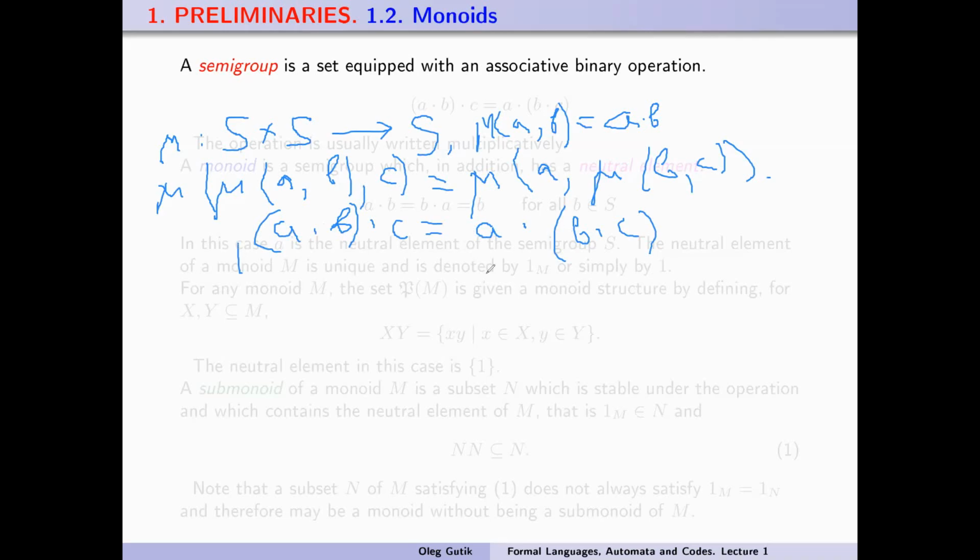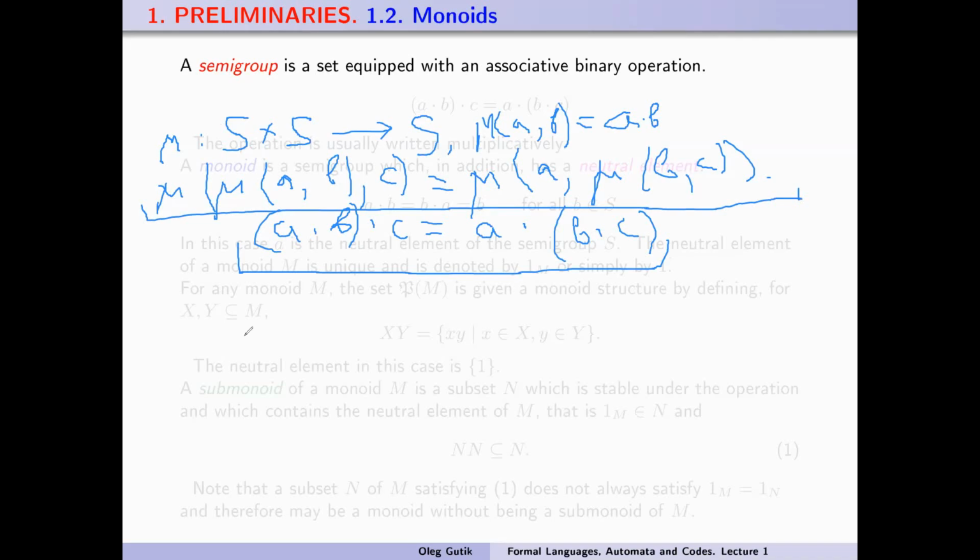So in this case the operation is called associative. When we have a binary associative operation on a set S, then the set S with such an operation is called a semigroup.